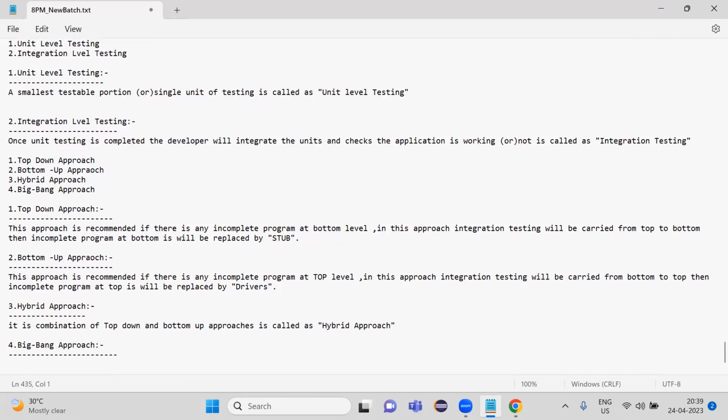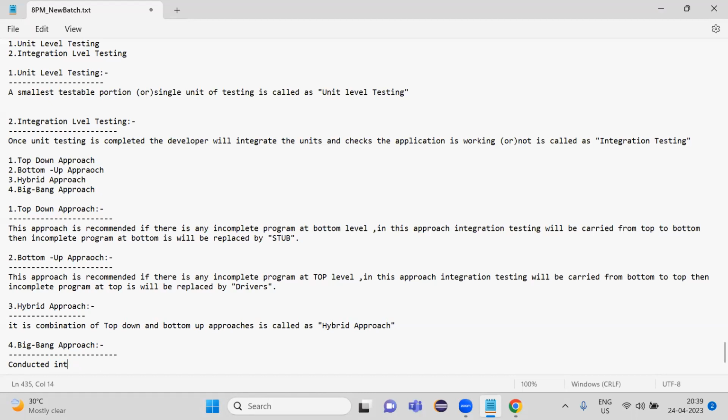What is the Big Bang approach? Can anyone answer?